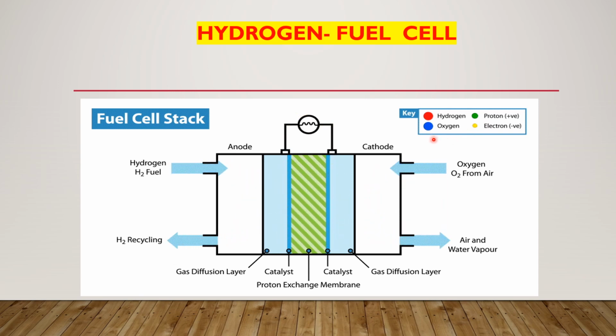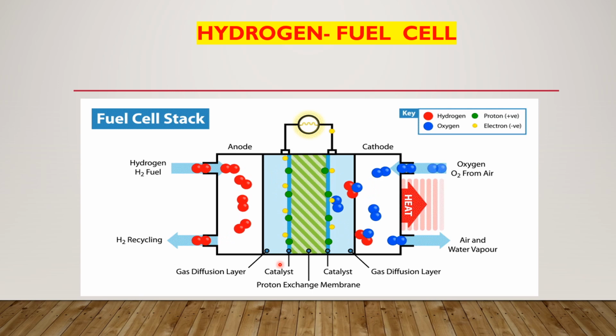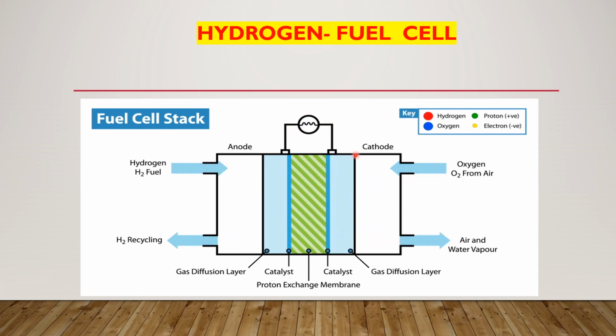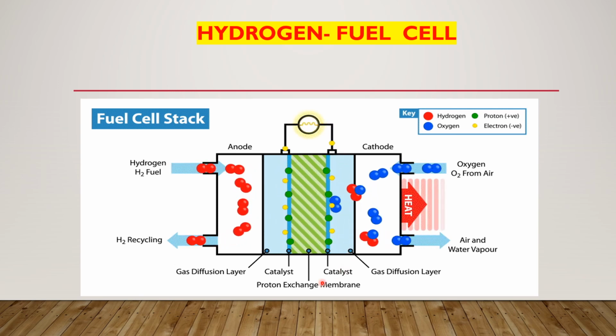Oxygen is the blue ones, and the yellow ones are the electrons. Let's demonstrate it. This sky blue portion is the anode part, and the sky blue portion on my right is the cathode portion.